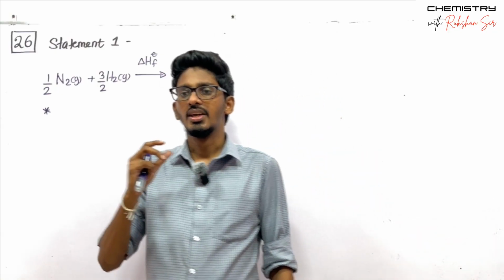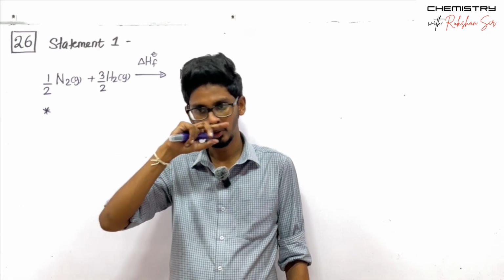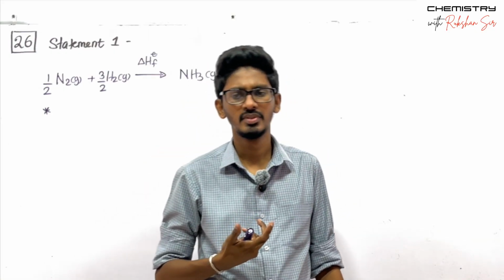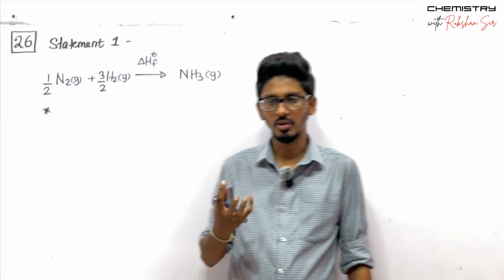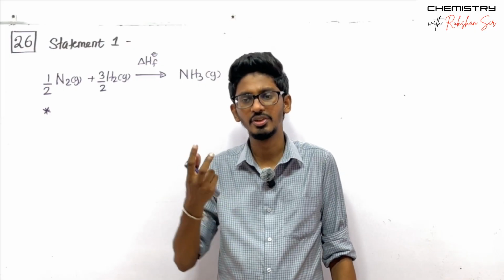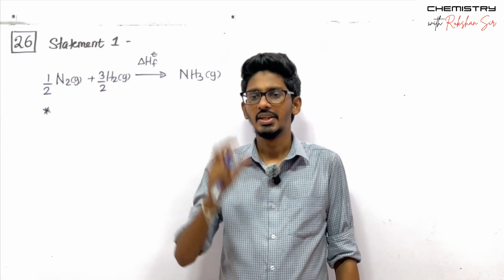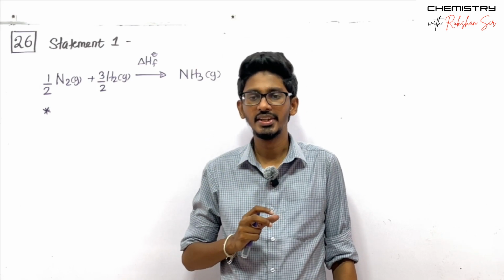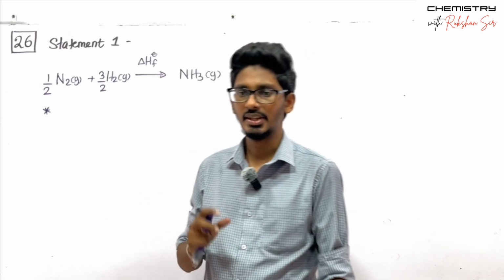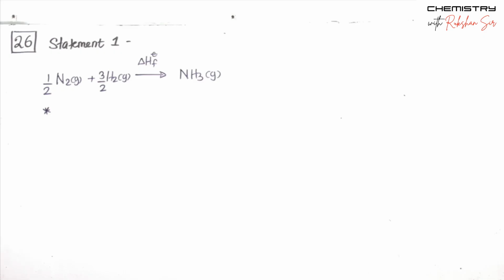For stable compounds like H2O liquid, NH3 gas, at room conditions, the delta H naught F values are negative. Keep that in mind.